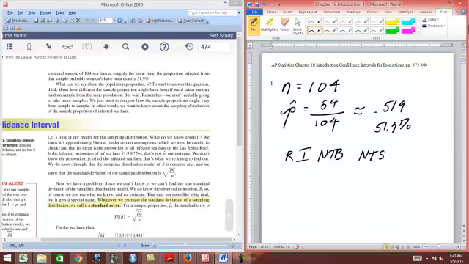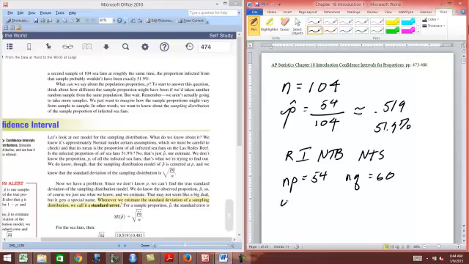In that, np equals 54 and nq equals what, 60? Okay, so we're good. We have a representative sample.